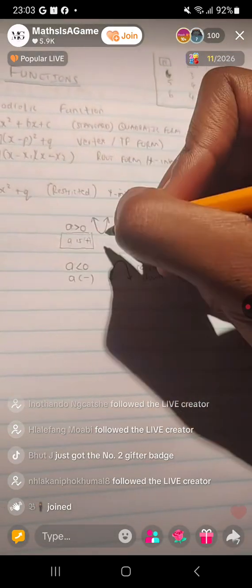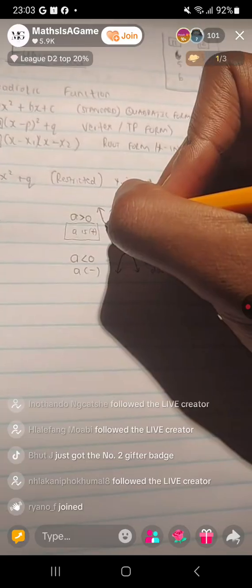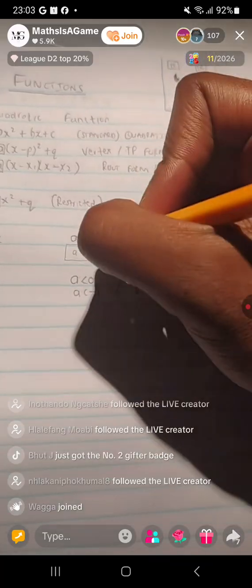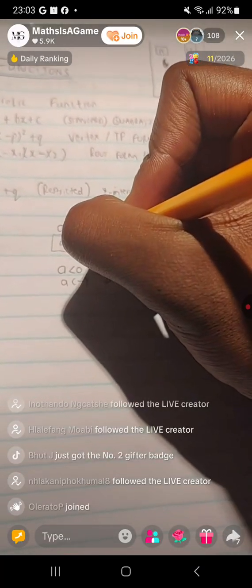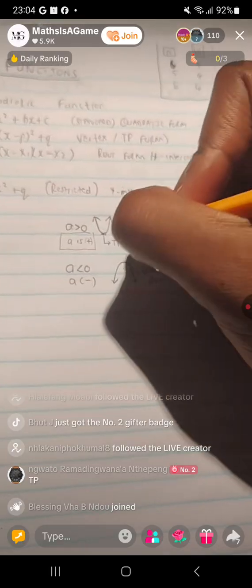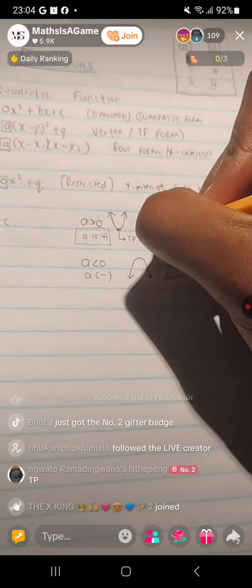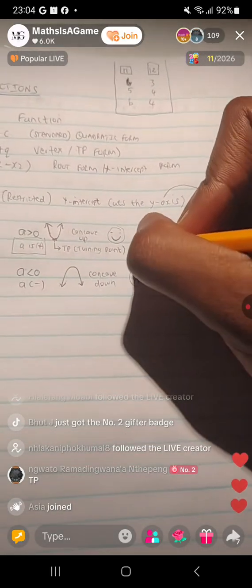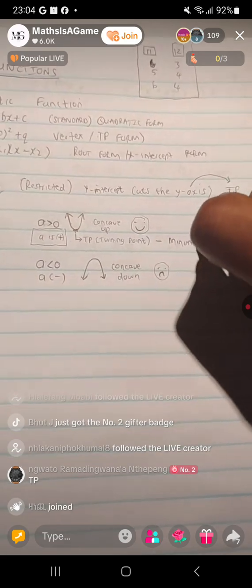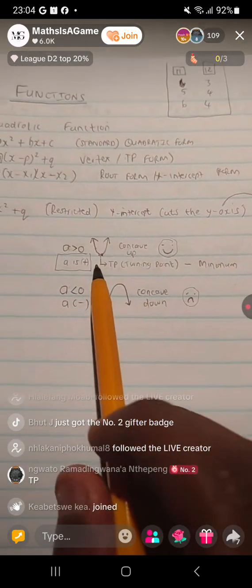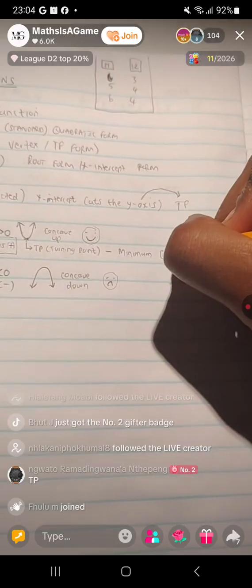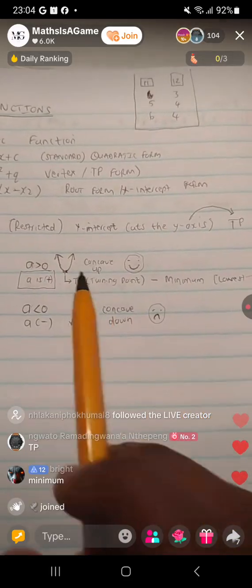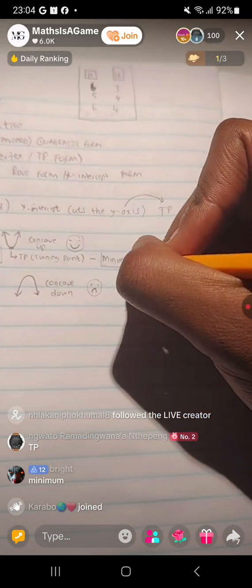I need you to understand that here at the bottom, at this point exactly, we refer to this as the turning point, or we can say it is the minimum, the lowest point of the function.